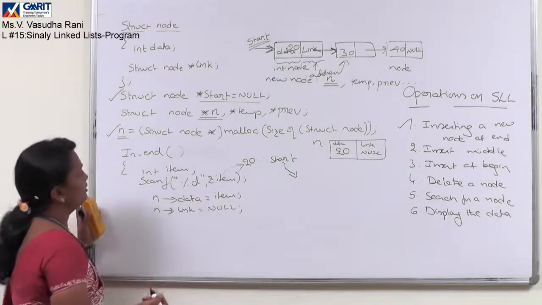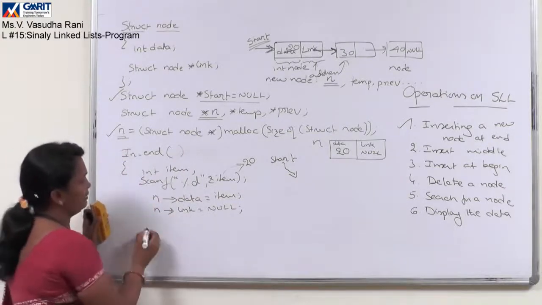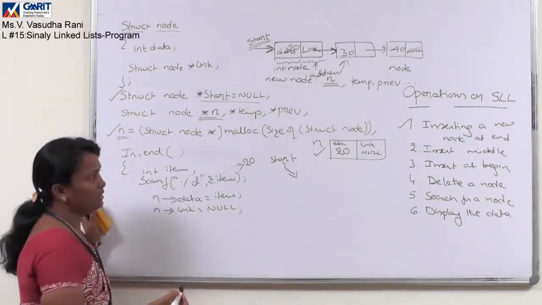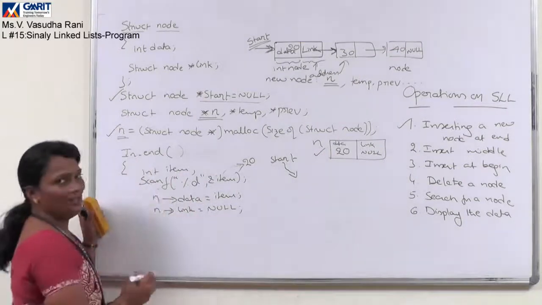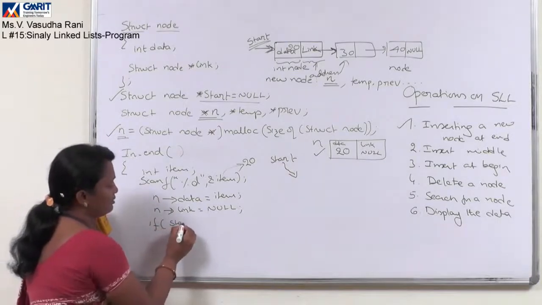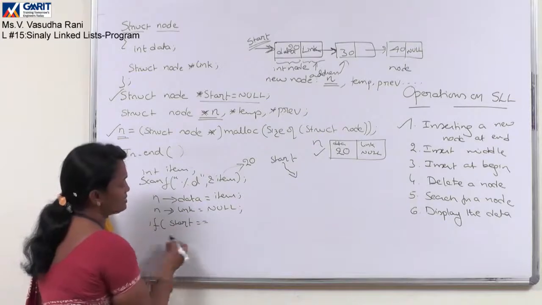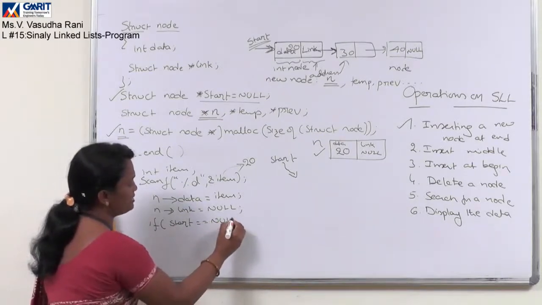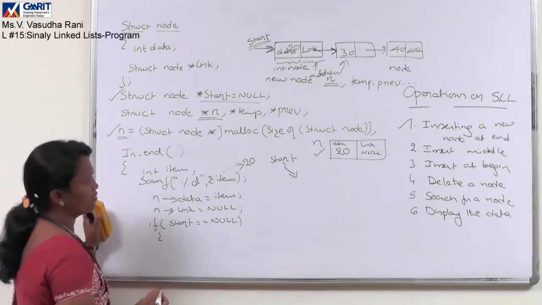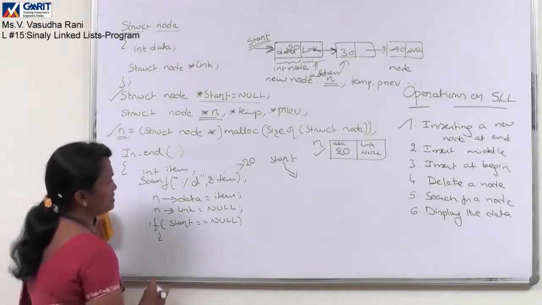For that, initially, let us implement this initial node insertion in end method only. So it is if, considering the list is empty, if start is null, so it is the case no elements in the list.